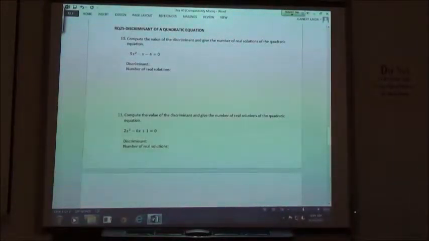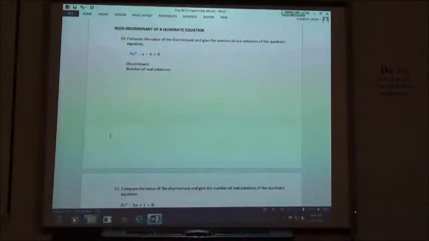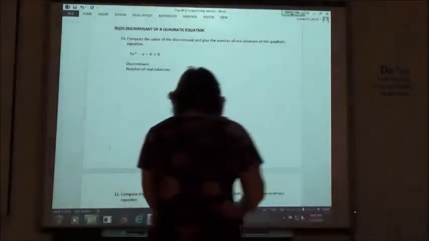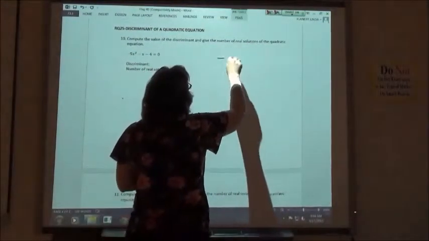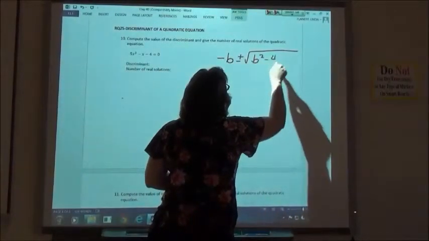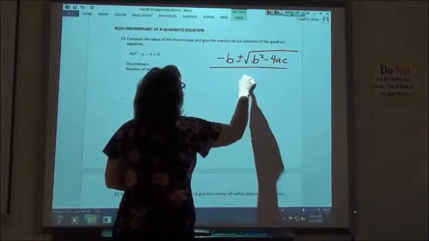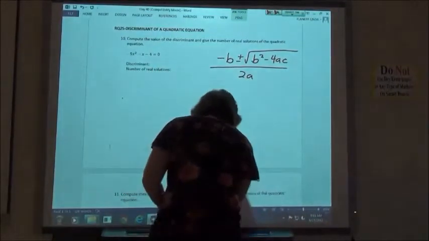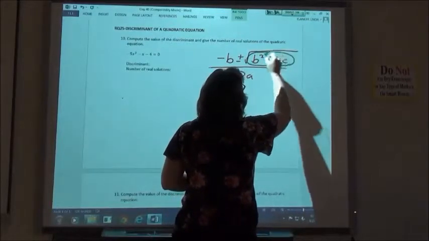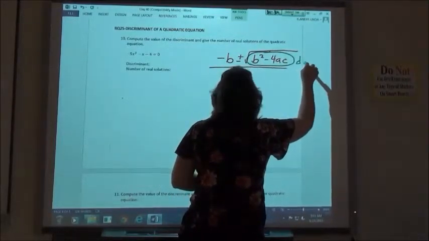Number 10, 11, and 12 have to do with finding the discriminant of your quadratic equation. So when you have your quadratic equation, negative b plus or minus the square root of b squared minus 4ac all over 2a, the part that is underneath the square root is your discriminant.